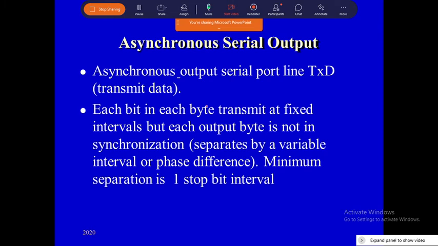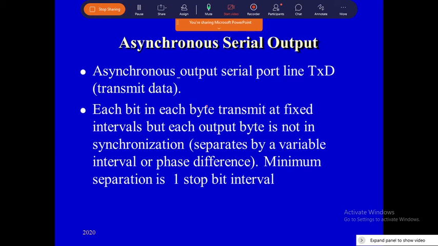In that format, it sends the data bits in the byte. But each byte is transmitted at a variable interval or phase difference. That is the asynchronous. A minimum separation is one stop bit interval. The minimum difference between one byte and another byte will be that one stop bit.